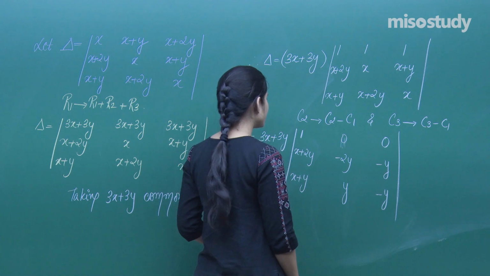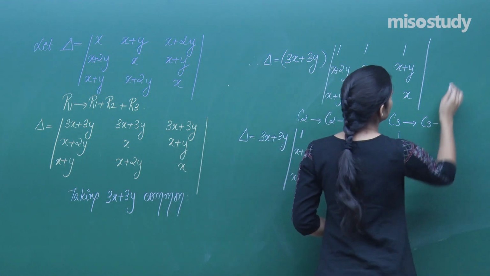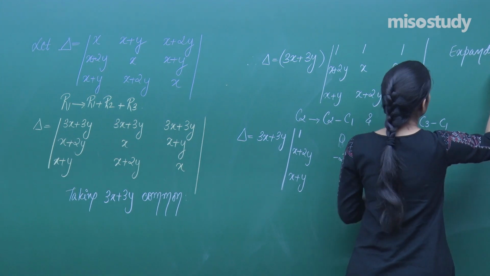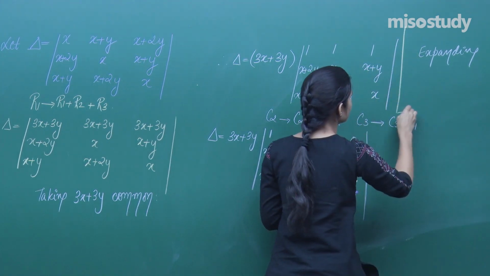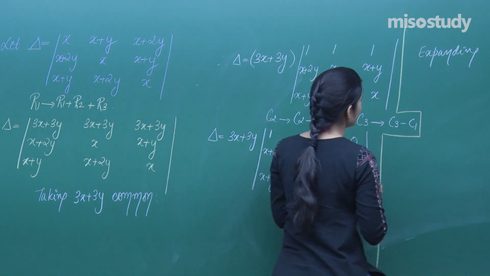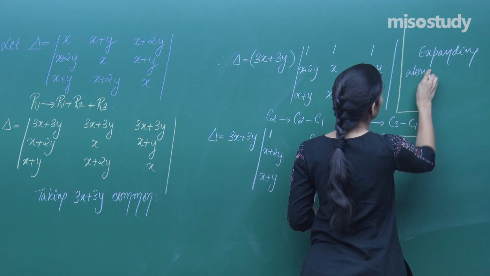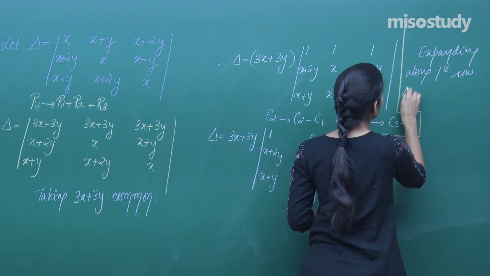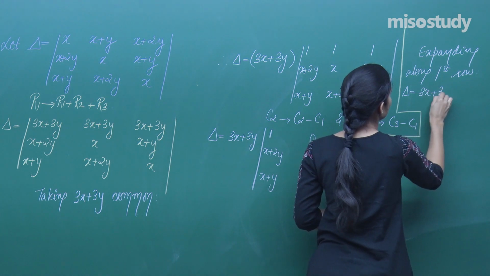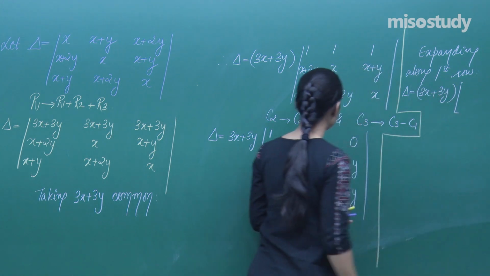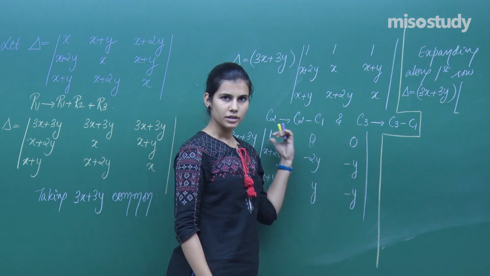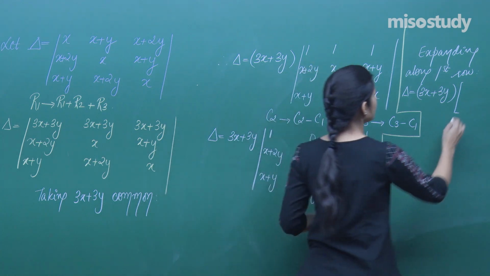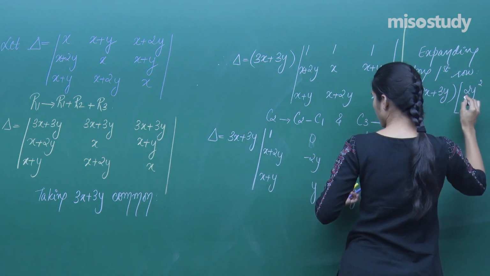Clear? Now you expand along the first row. Let me make this demarcation here. Expanding along the first row, we get del is equal to 3x plus 3y multiplied by, expanding along the first row, minus 2y into minus y, which is 2y square, plus y square.